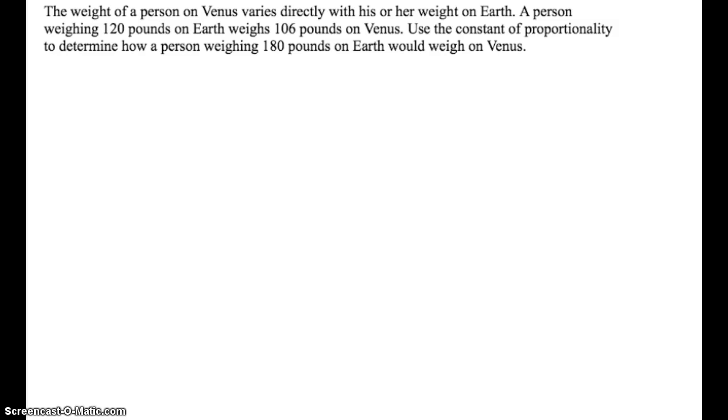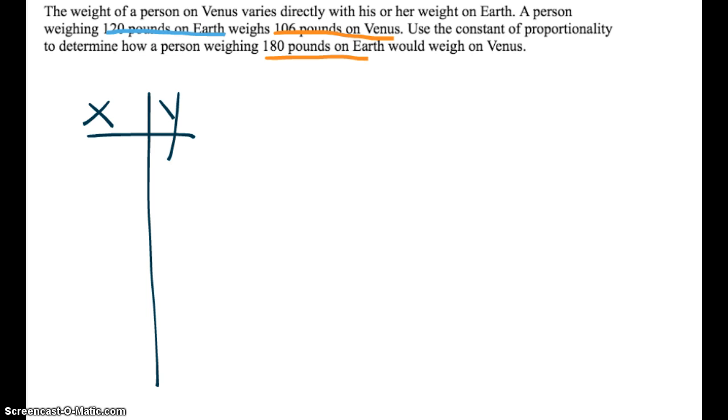A person weighing 120 pounds on Earth weighs 106 pounds on Venus. We have to use the constant of proportionality to determine how much a person weighing 180 pounds on Earth would weigh on Venus. So let's go ahead and set up our X, Y chart.